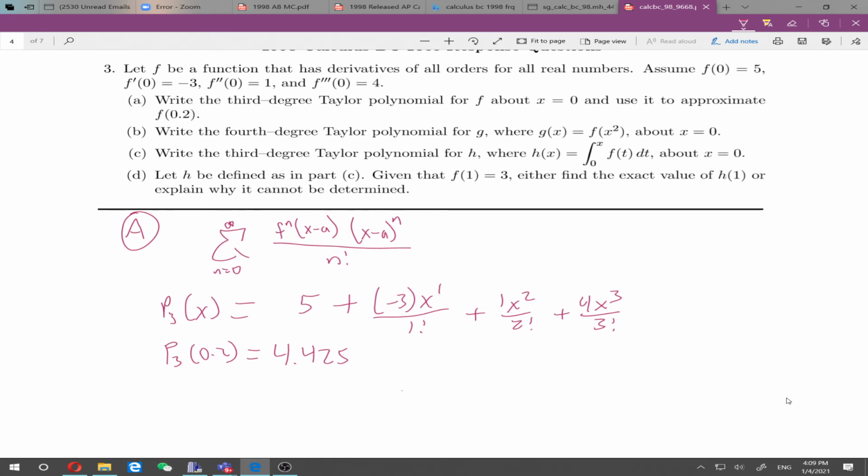It doesn't say how many numbers to round off to, but I guess we'll go ahead and do that.